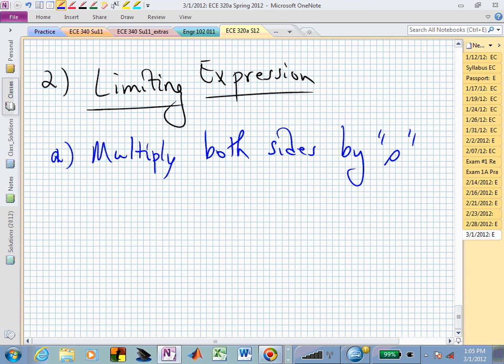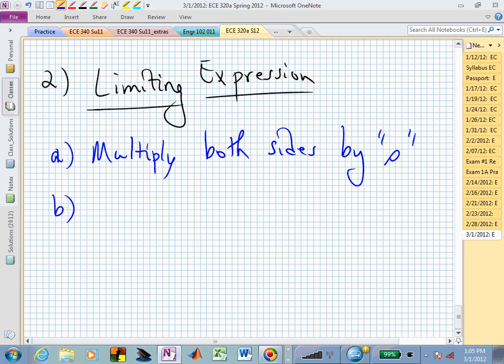So I multiply both sides by s. And that is what? That's a 0. That would be a 0 at the origin, which is just the opposite of a pole at the origin. But now we would have a circle or a thumbtack at the origin, if we needed to do it. But here we're just looking at it, and then we're going to let limits happen.